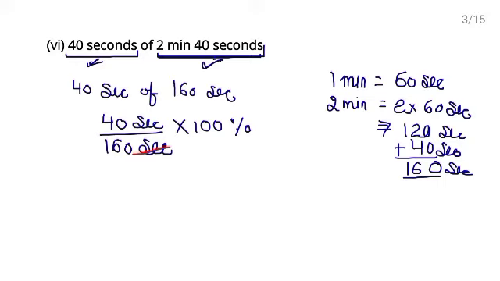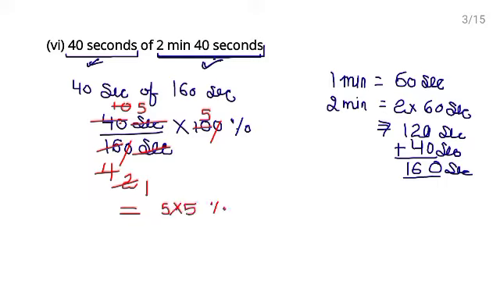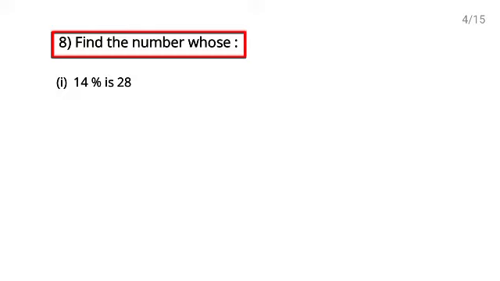Now second and second cancel out, 0 and 0 cancel out, 4 tens are 40, 4 fours are 16, 2 twos are 4, 2 fives are 10, 2 ones are 2, 2 fives are 10. So here we are getting 5 multiplied by 5%. It means 25%. This is your answer.